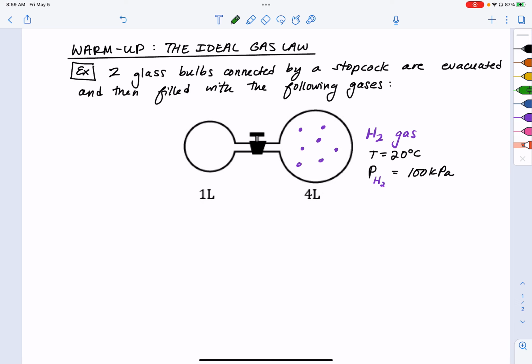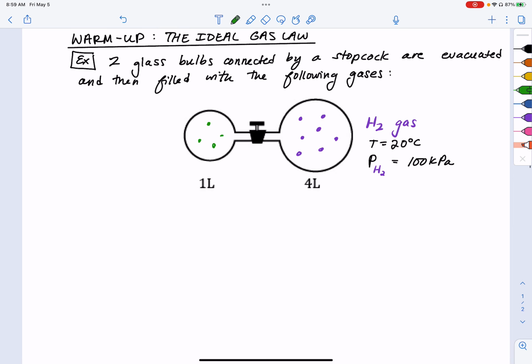And then let's say in the other bulb, we have, let's see here, why not helium?